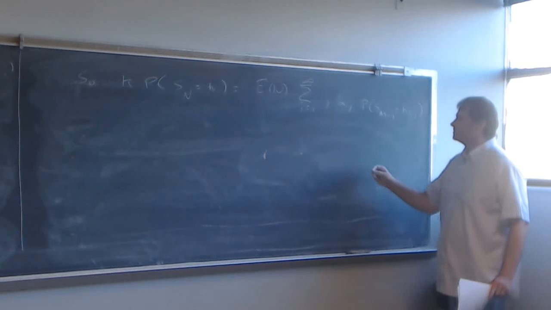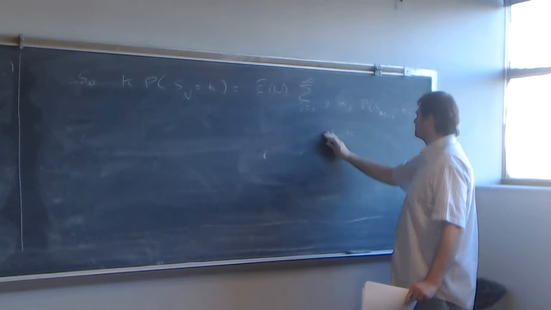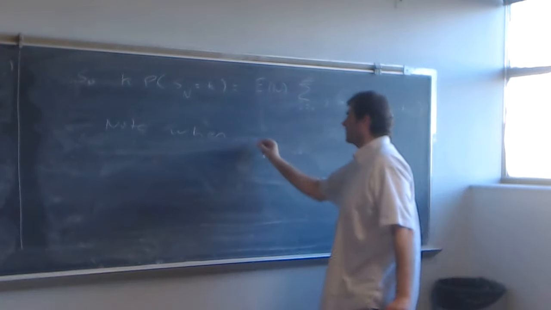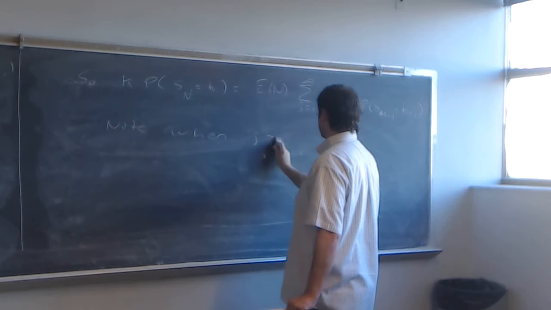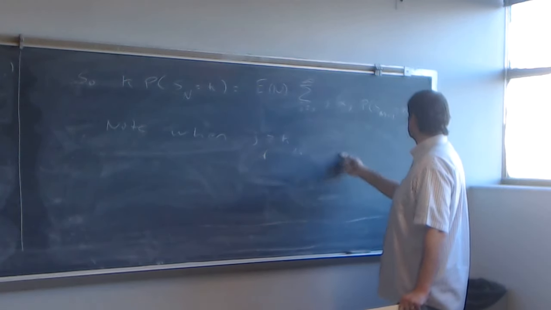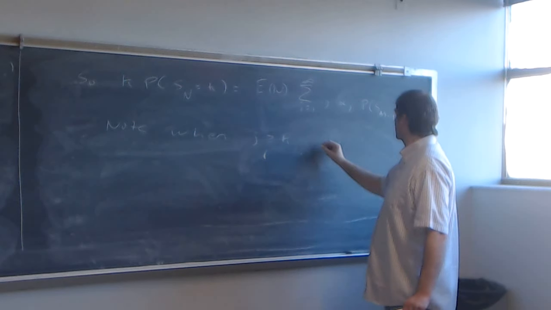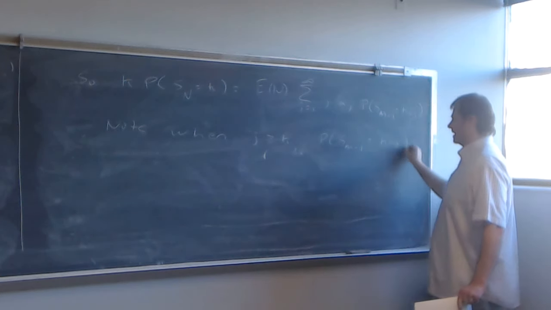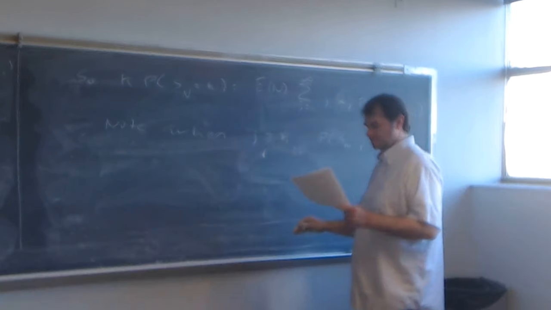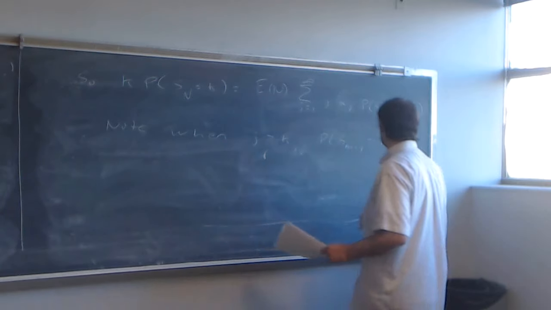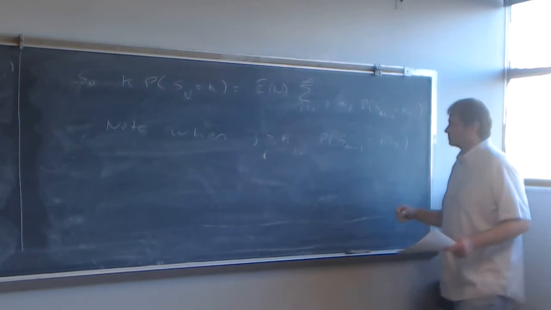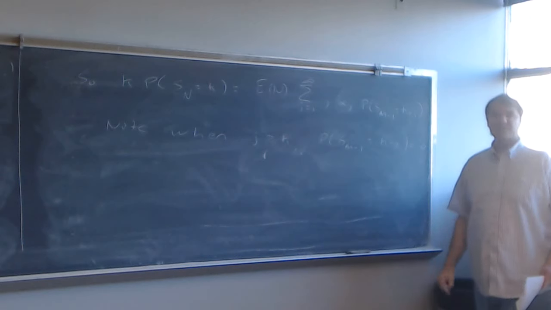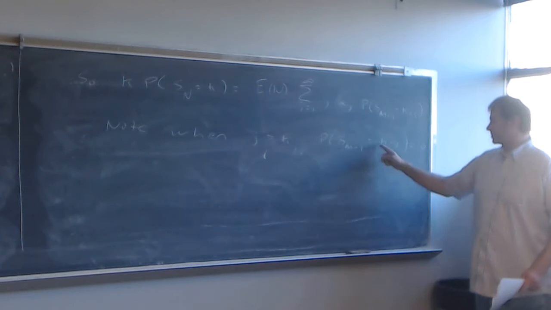So here, note when j is bigger than k, the probability that S of m minus 1 is equal to k minus j is going to be equal to 0, because the x of i's involved are positive integers, so you can't have a negative number here.